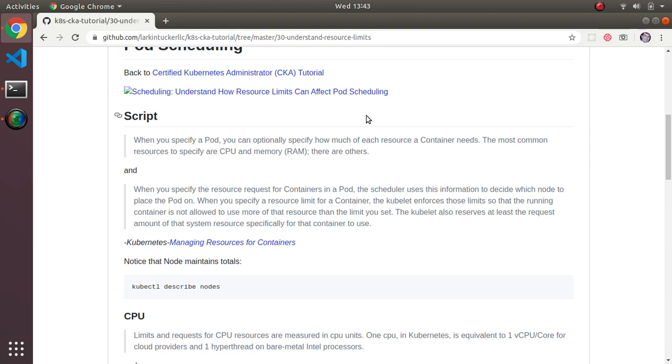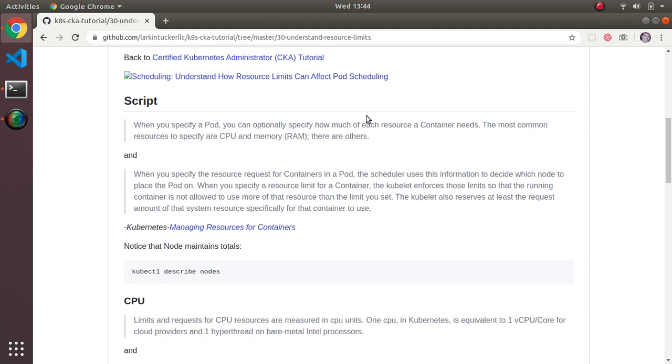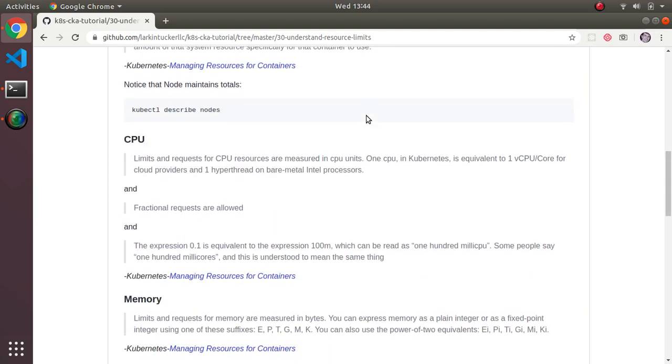So limit is a guarantee that you're making as a developer that this pod will not exceed this. And if it does, somebody else, in this case the node, is going to take some action to immediately fix that problem. So request is essentially about scheduling, and limit is about what happens during execution.